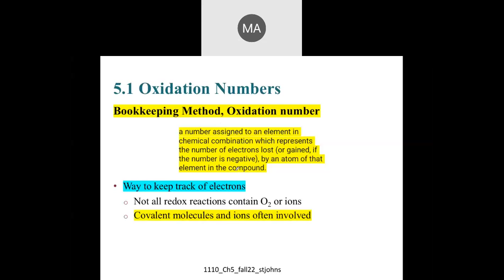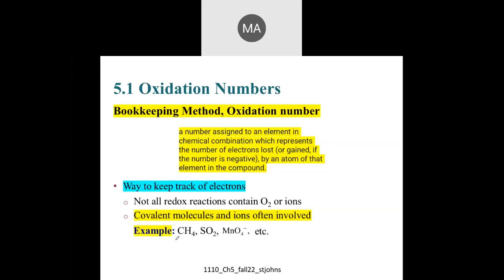Oxidation reduction reactions or redox reactions not only happen in the ionic compounds or where oxygen or ions are involved, they can also happen within the covalent molecules where electrons get shared during bond making.